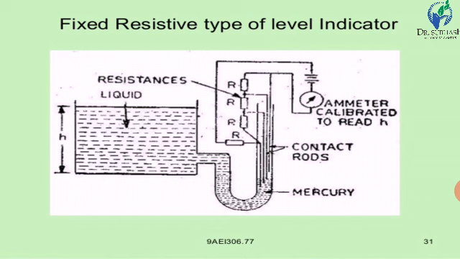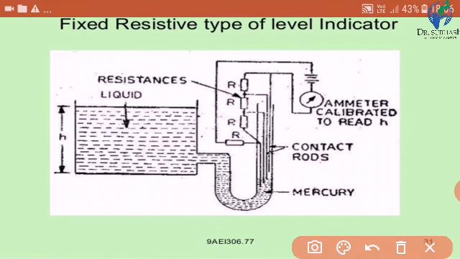In this case we can see here is some liquid, and in this tube here we can see mercury, and in this tube we can see contact rods, and contact rod is connected with resistances. Here we can see different resistances.